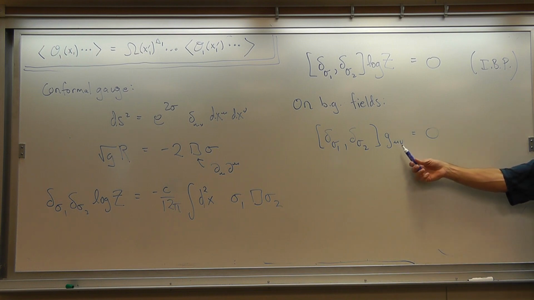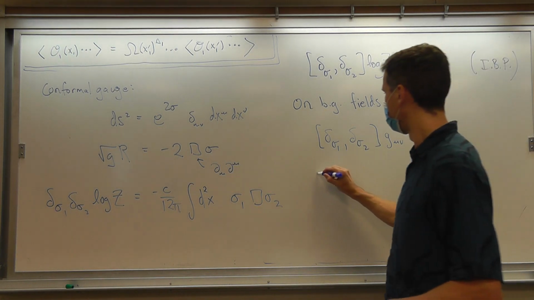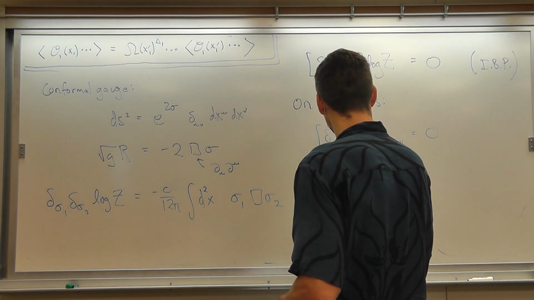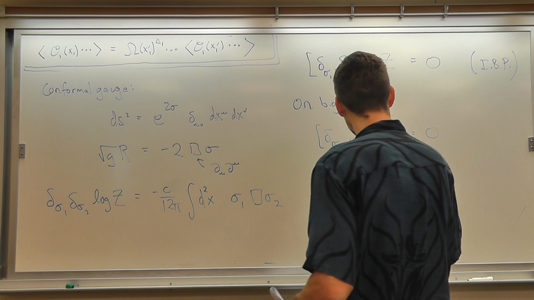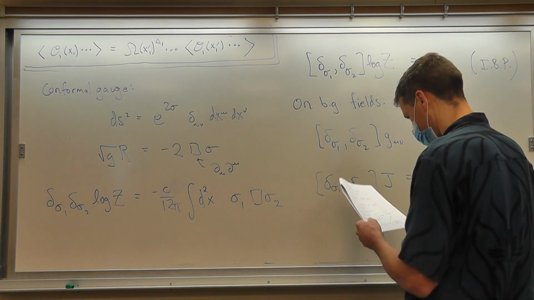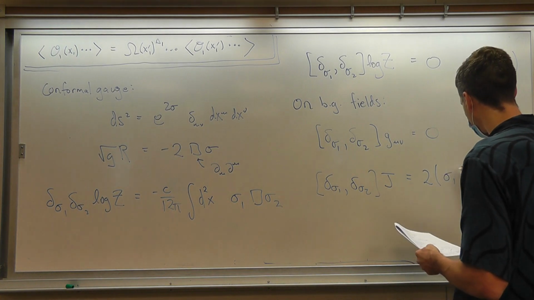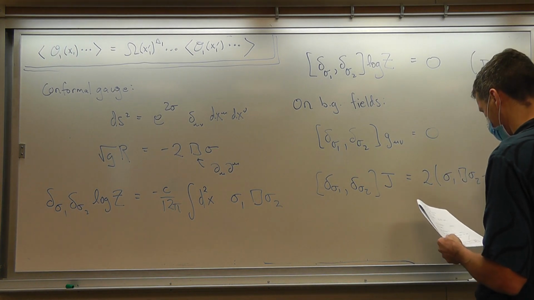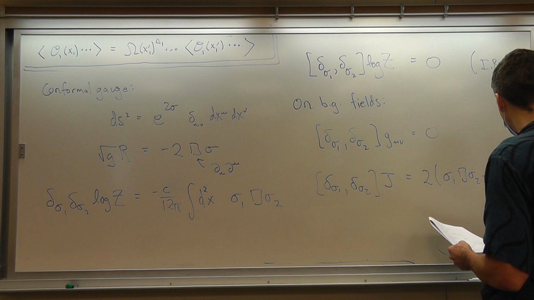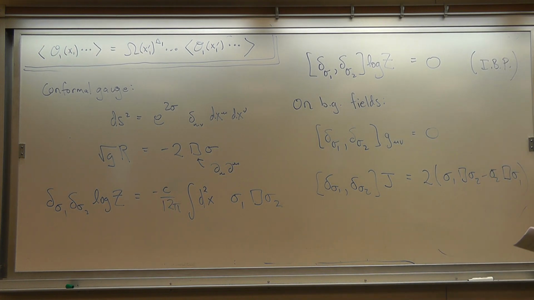And what you'll find is that the commutator on the metric does nothing. The commutator on J gives 2 sigma 1 box sigma 2 minus sigma 2 box sigma 1. And this can be any function.